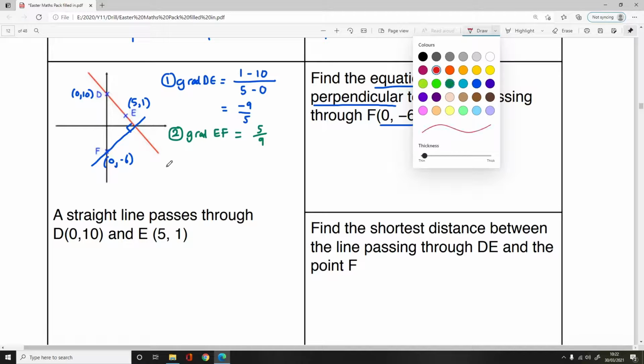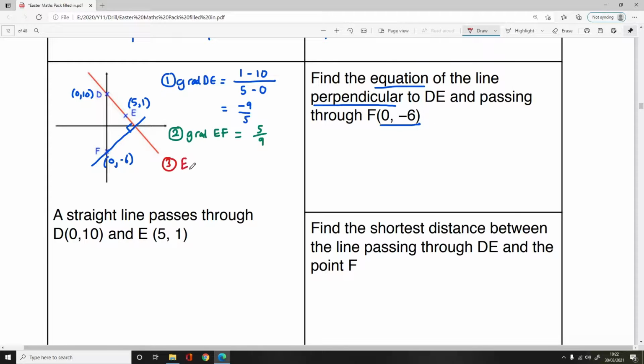Next step would be that we want the equation of EF, and this would be where we use y minus y1. So here's our x1, y1, and our m is 5/9, so we would have y minus minus 6, so y plus 6, equals m, so 5/9, x minus 0, that's nice.